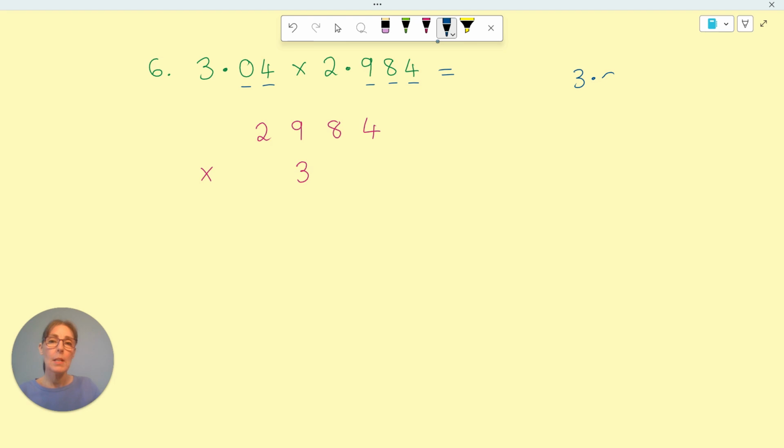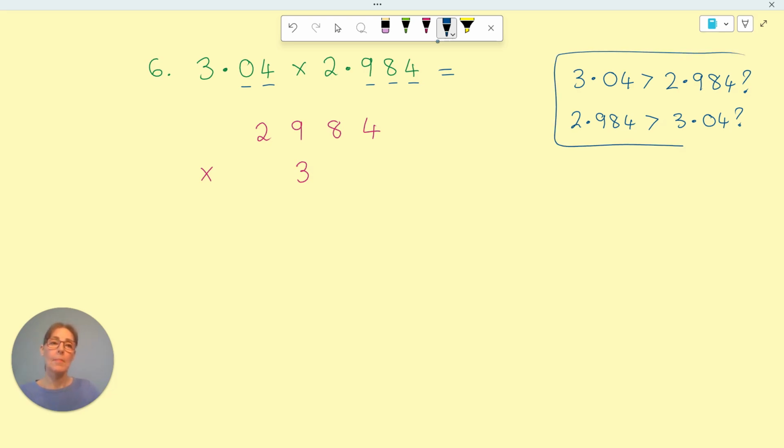Is 3.04 bigger than 2.984? Or is 2.984 bigger than 3.04? I'm going to leave that there. We can have a little chat about it.